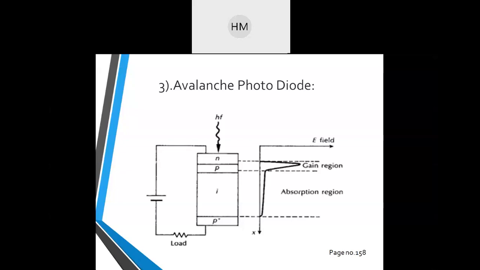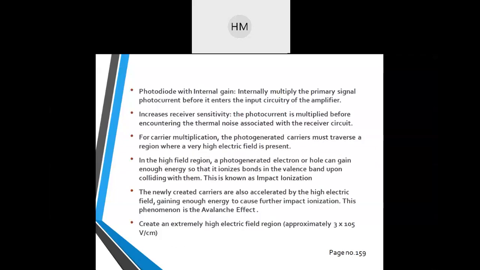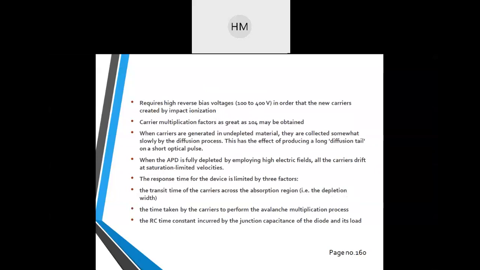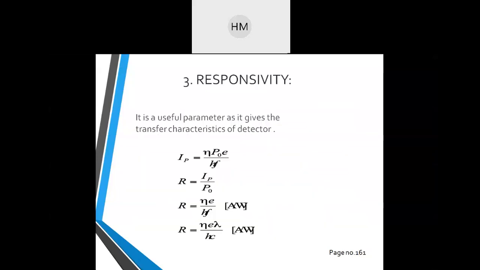And I have uploaded yesterday's lecture also. But see, this topic is not at all related with the previous topics. So, this is the whole concept of your avalanche photodiode. This is the theory written for this.